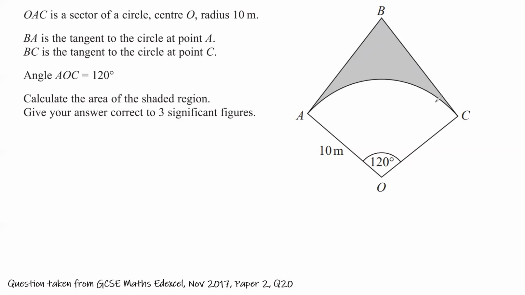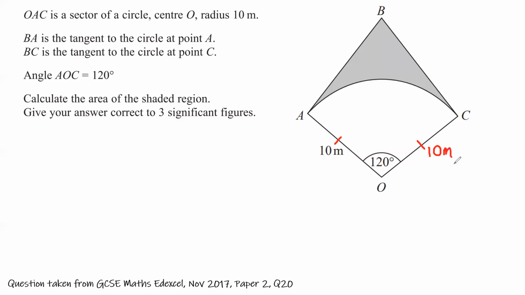The way that I always go about these shape questions is I think about what information we know to start off with. Before I start doing any calculations, I need to think, right, what do I know? I know that this here is equal in length to this here because they are both the radius. So we can write that this length here is 10 meters as well.